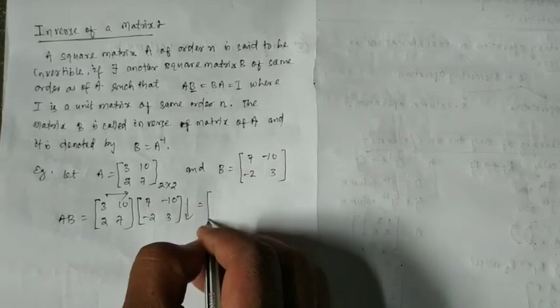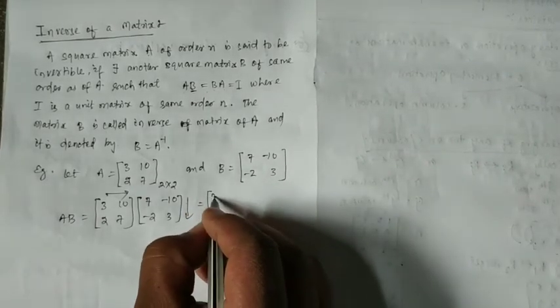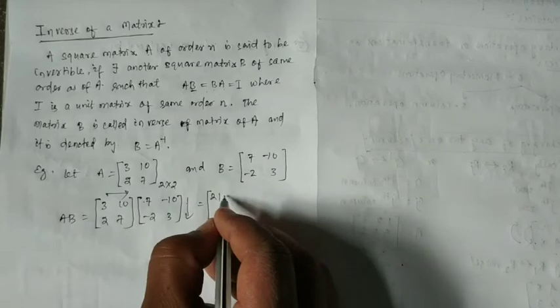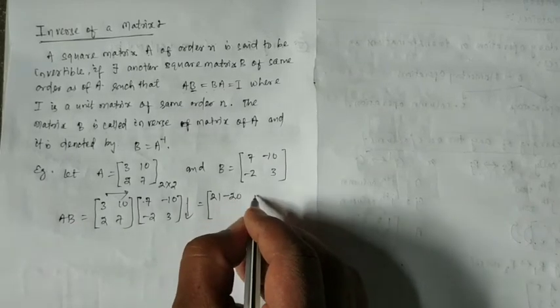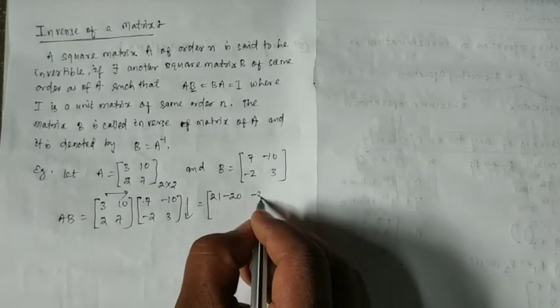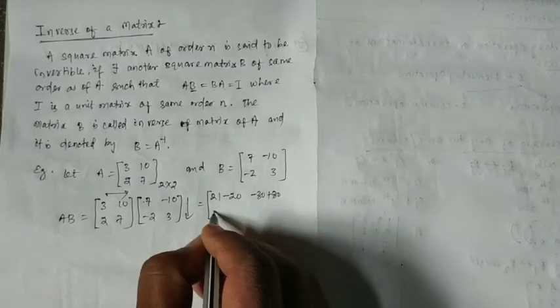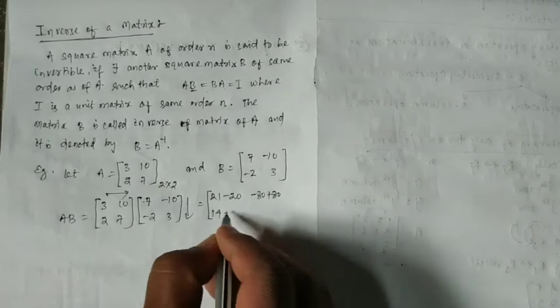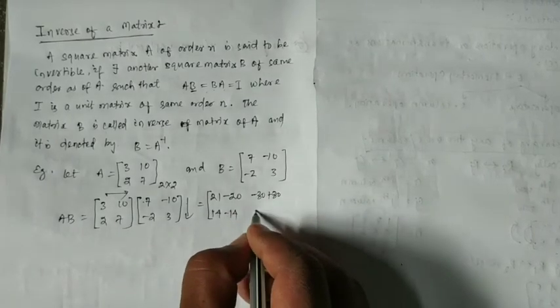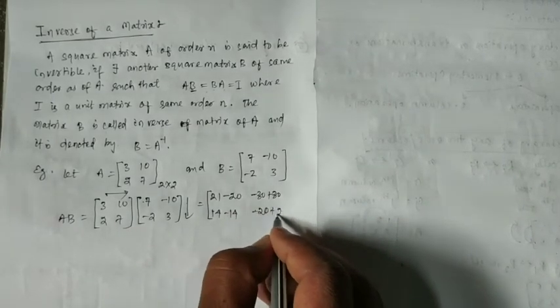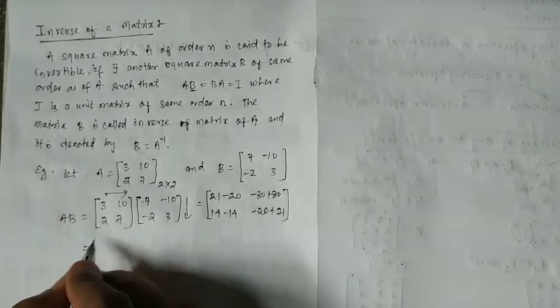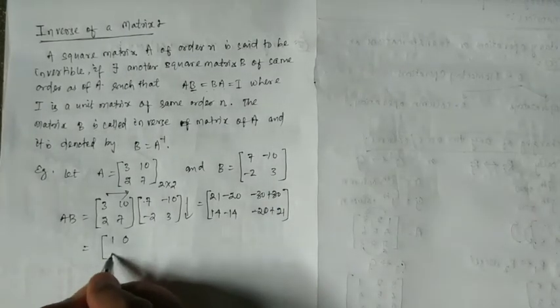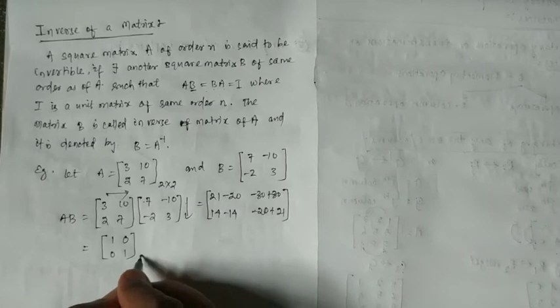By multiplying these two, we get 21 minus 20, minus 30 plus 30, here also 14 minus 14. Similarly here minus 20 plus 21. We get a unit matrix of the same order 2 cross 2.